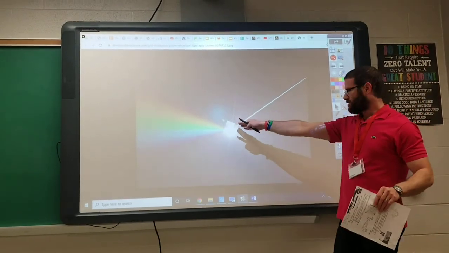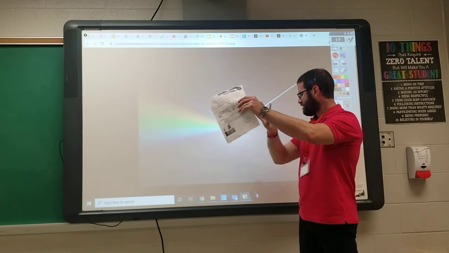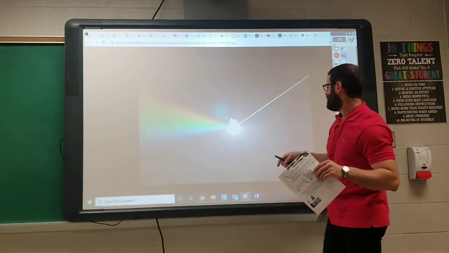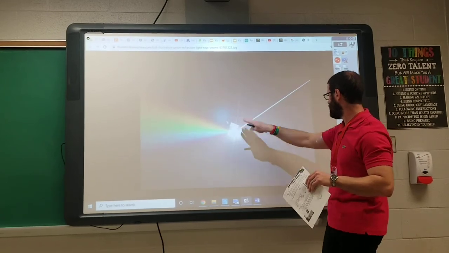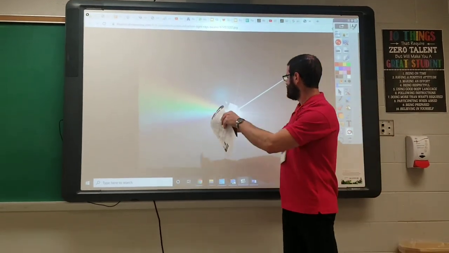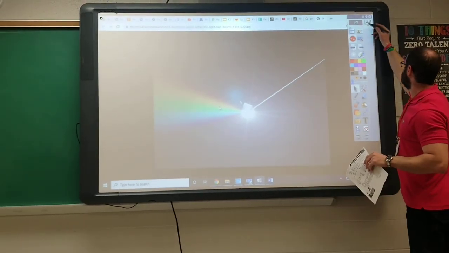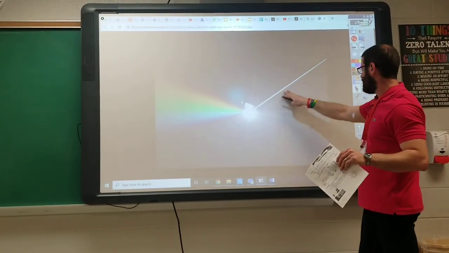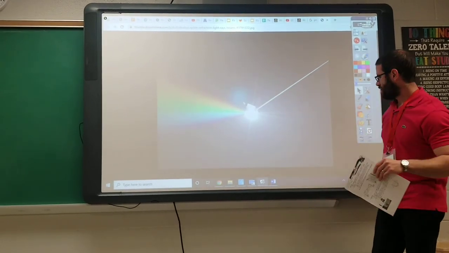That's an example of refraction. Shining a light through a prism, light waves bend in different directions due to the difference in speed in the air and in the prism, and the light is separated into all its different colors. So again, white light, actual light that we see, is a combination of all the different colors of the rainbow.